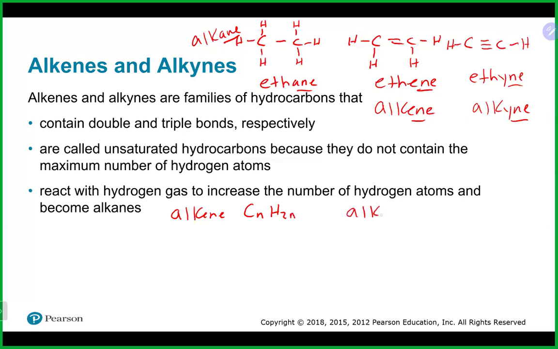An alkyne has a general formula of CnH2n minus 2 because, again, it also has to lose 2 more hydrogens to make that triple bond. And a reminder, as we've been talking about, an alkane, which is all single bonds, is CnH2n plus 2. Again, those are the general formulas.